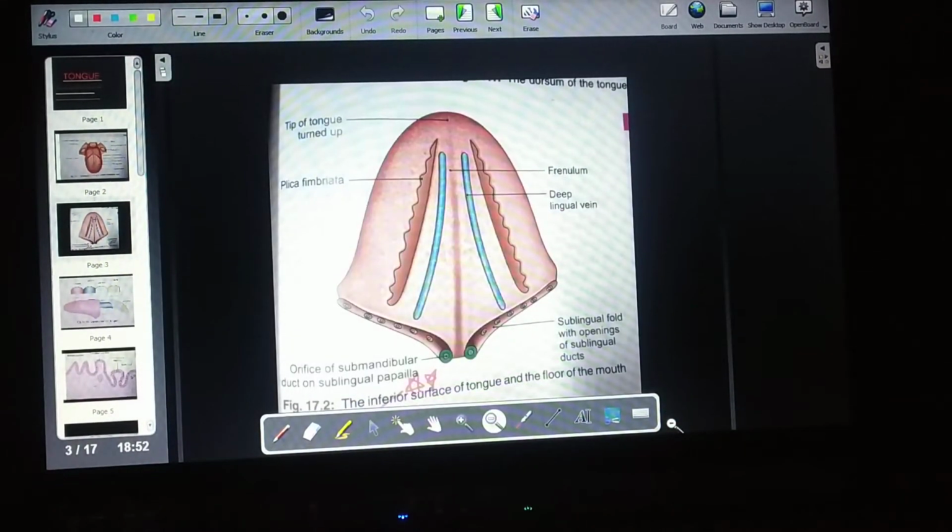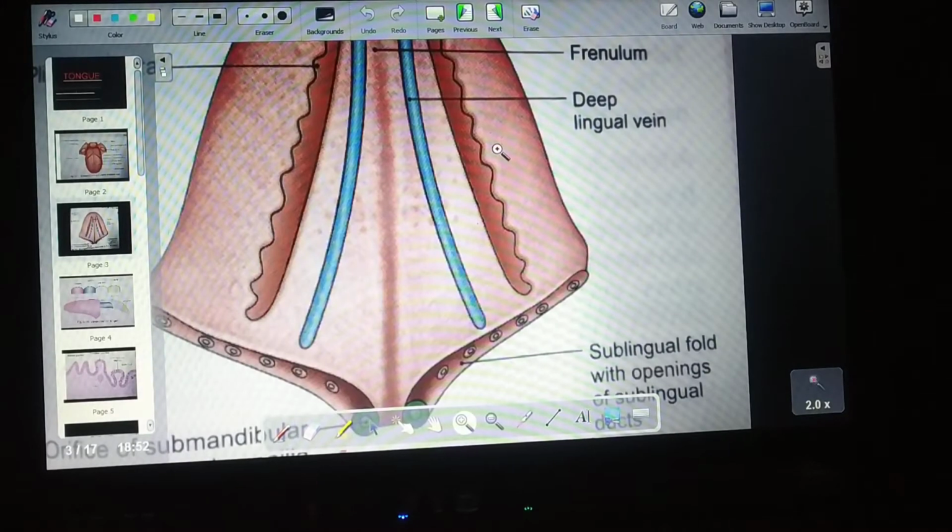Next, this is the ventral surface of the tongue. On this ventral surface, we can see the lingual veins. These are the deep lingual veins, which help in venous drainage. Then these are the sublingual folds with the sublingual duct openings. These are numerous, as well as these two big openings present over here.